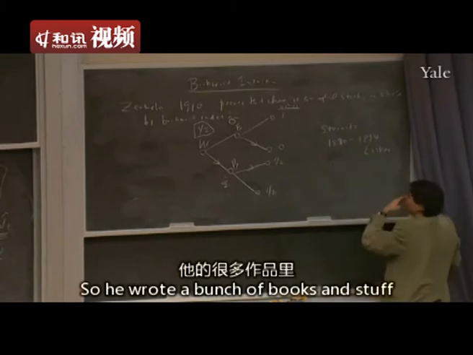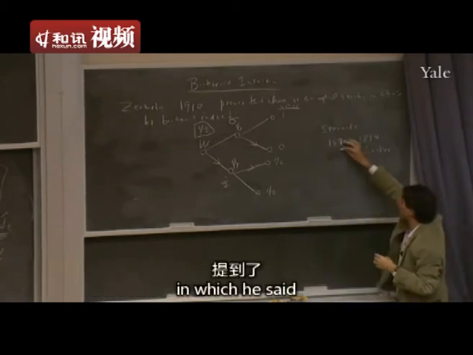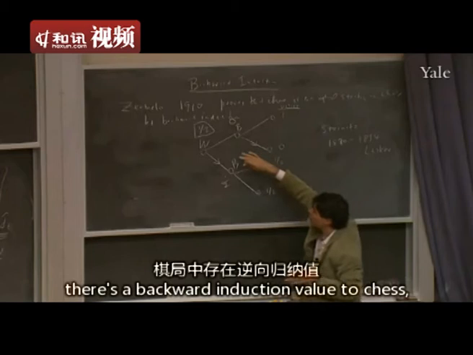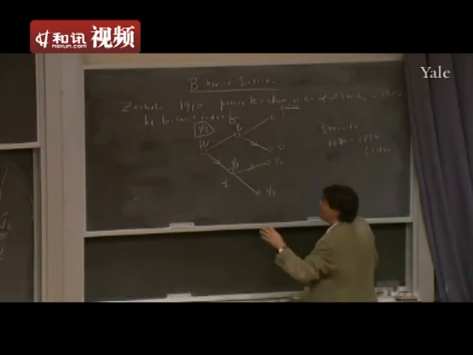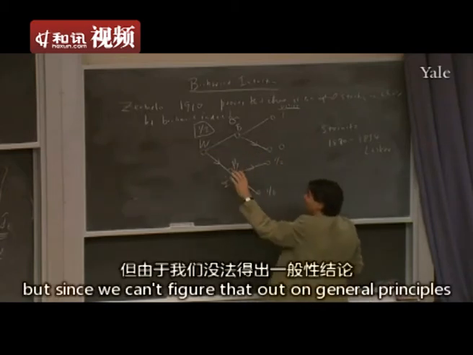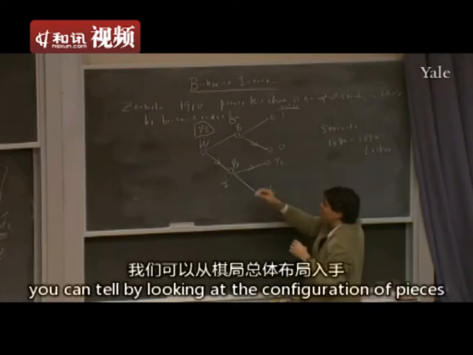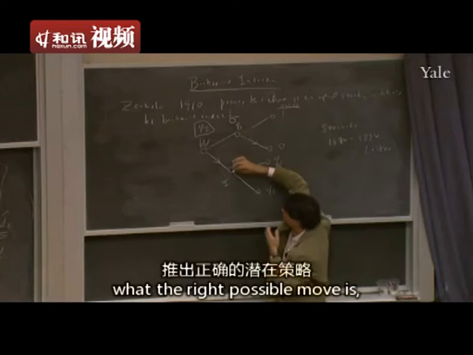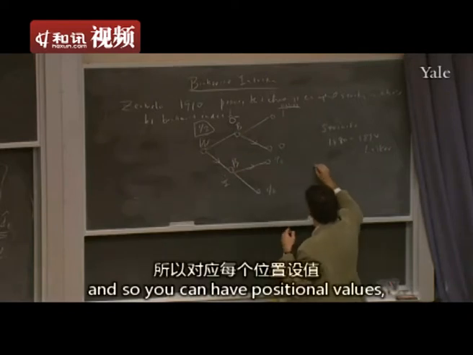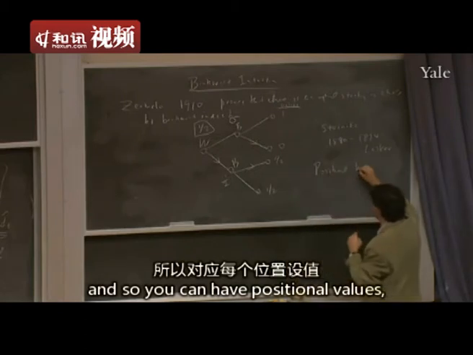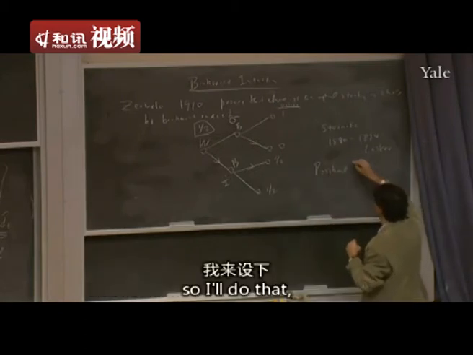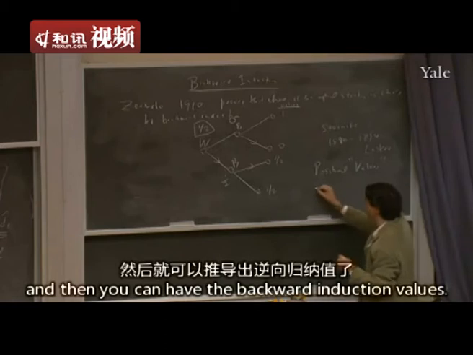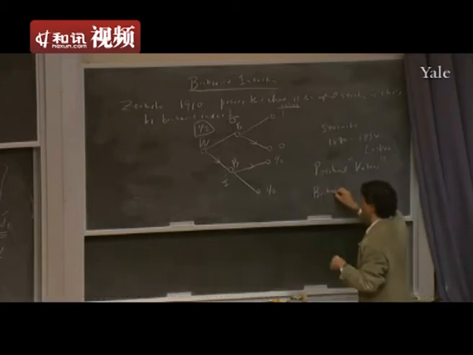So he wrote a bunch of books in which he said there's a backward induction value to chess, but since we can't figure that out on general principles, you can tell by looking at the configuration of pieces what the right possible move is. So you can have positional values, and then you can have the backward induction values.